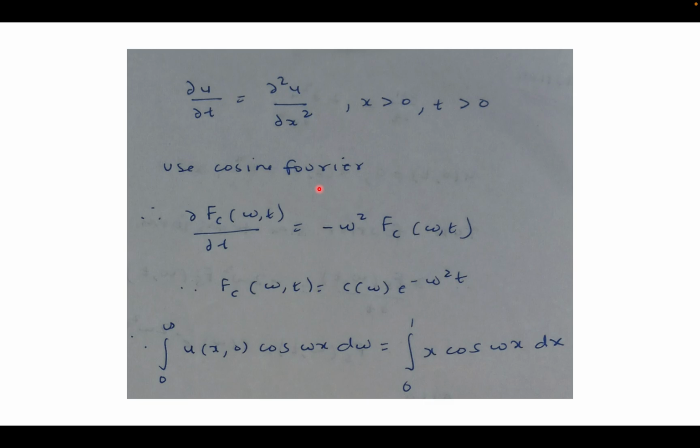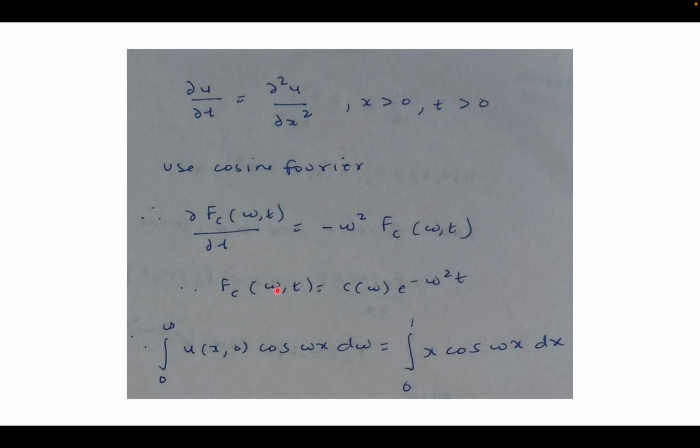If you write the Fourier cosine transform on both sides, here you will have del fc omega t upon del t is equal to minus omega square fc omega t, because you are taking the Fourier transform with respect to the x variable, so using the derivative property you will get minus omega square fc omega t.